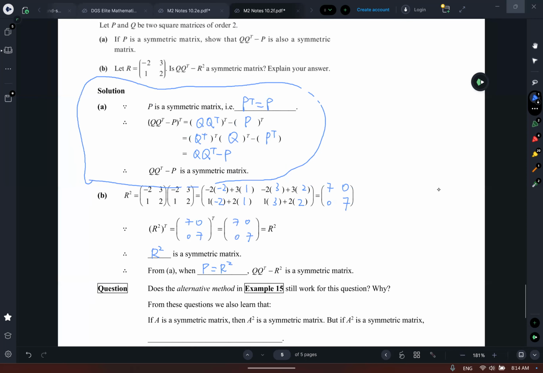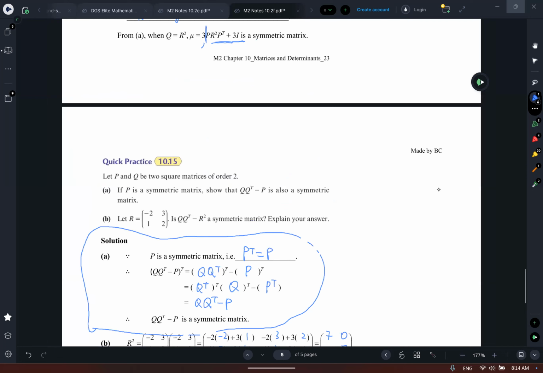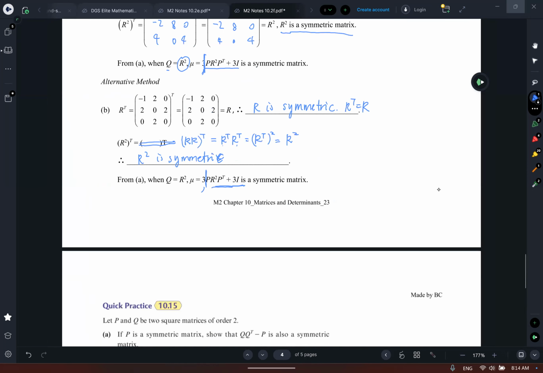Now think about the second method in the example. Because R is symmetric, therefore R squared is symmetric.